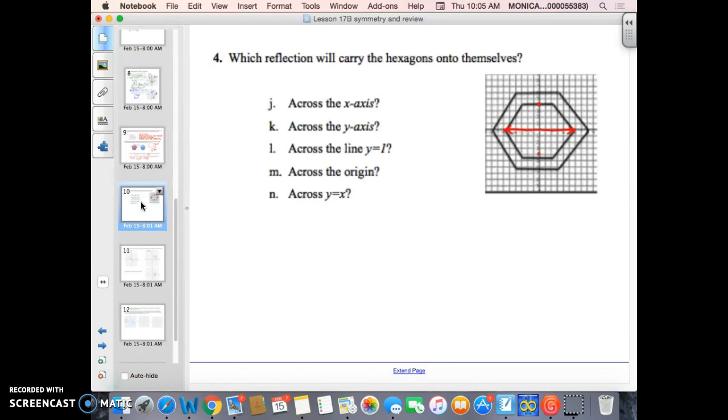So this one, you would say that if I fold it along this line here, the two sides would match up evenly. So this would be a y-axis. It's very close to both, but that's the one that's going to work out. And if you did the y equals x line here, they're not going to fold on top of themselves. So the best answer is across the y-axis.